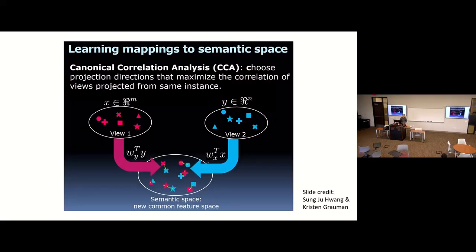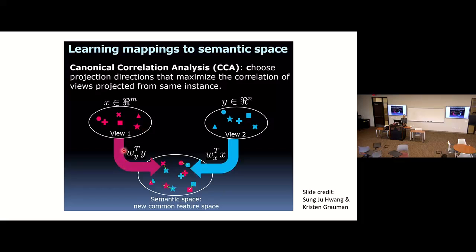So this is an abstract illustration of these two semantic views. So this is a view for the same data points, okay? So you see these data points, each data point in this population has different views. This is pink, this is blue, and we try to rotate this.